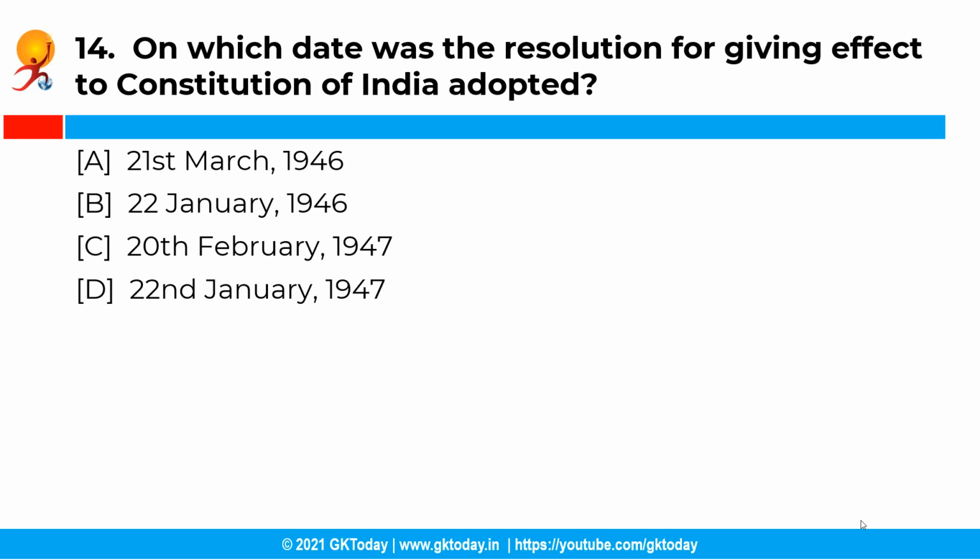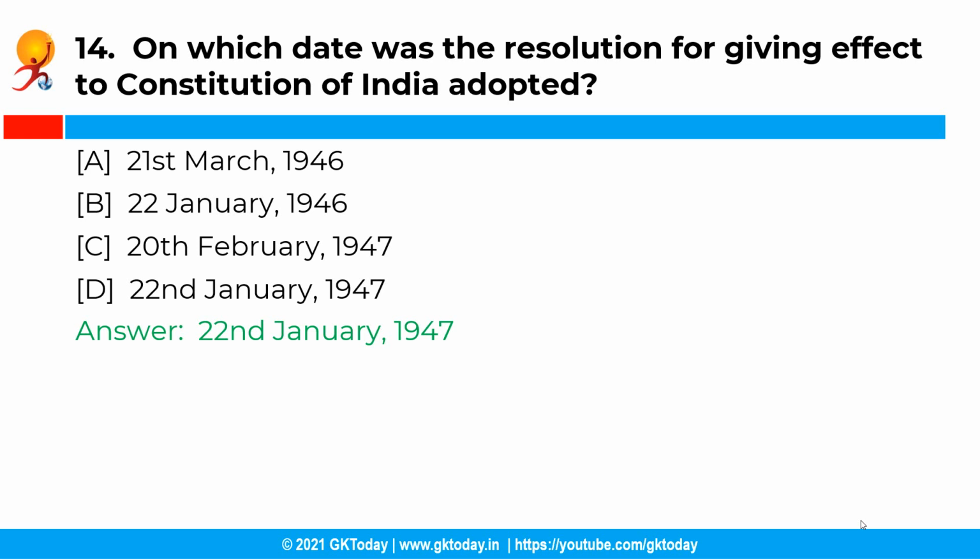So now the correct answer is option D, that is 22nd January 1947. See, on 22nd January 1947, a resolution for the Constitution of India was unanimously adopted by the Constituent Assembly. Further, it had been earlier presented by Jawaharlal Nehru on 13th December 1946.